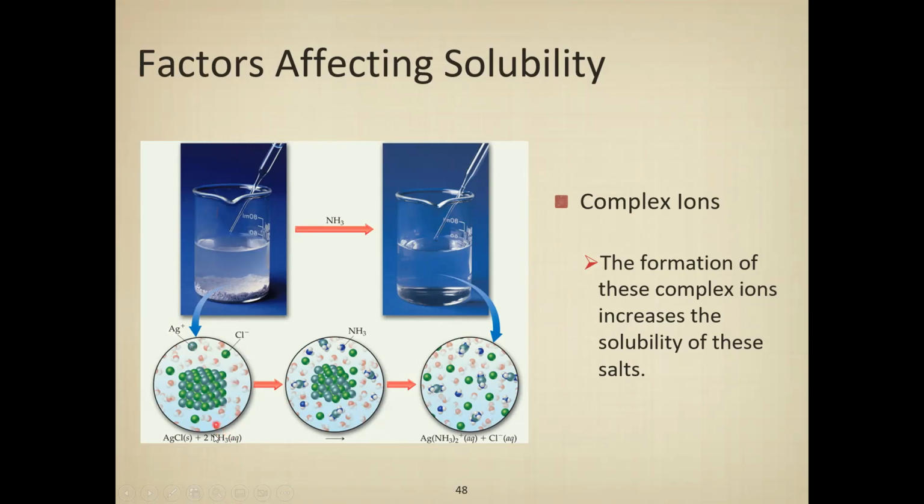But if we have this react with the ammonia, that silver ion is going to complex with the ammonia to give us that complex ion, which is going to have that reaction shift all the way to the right. So we're going to be removing the silver ion from our dissociation equation. So if we rewrite that one.